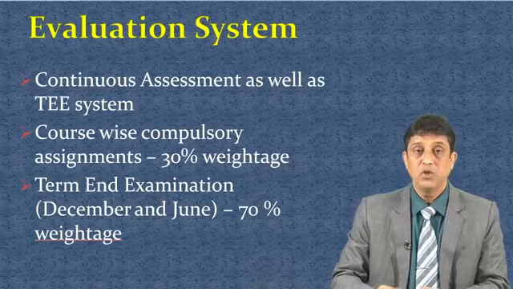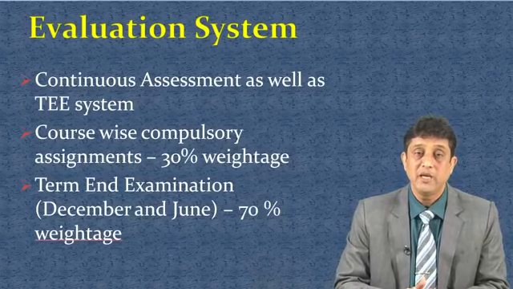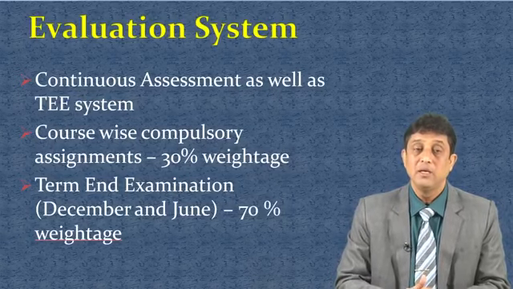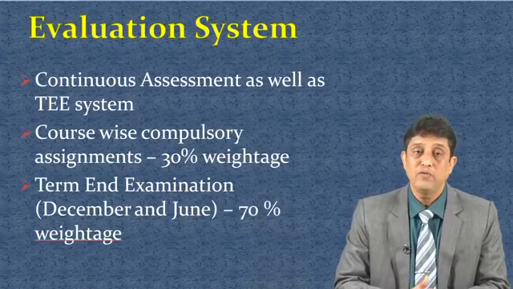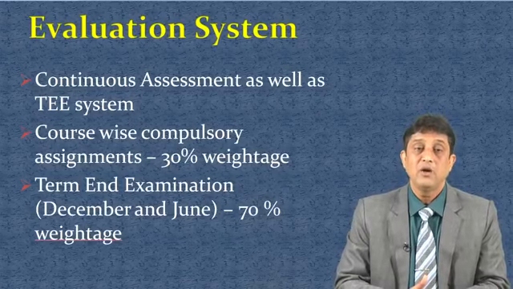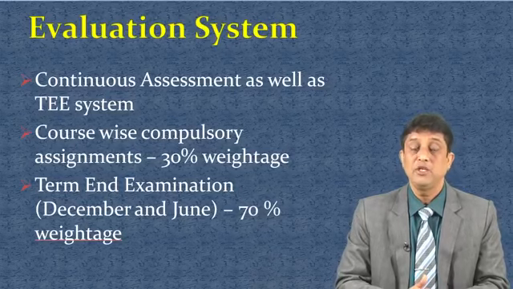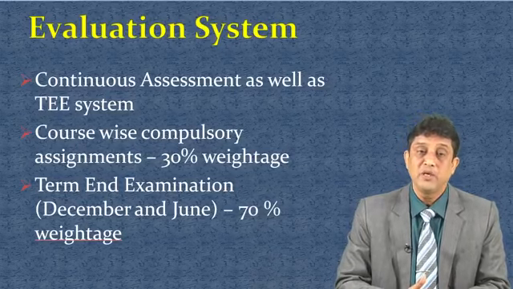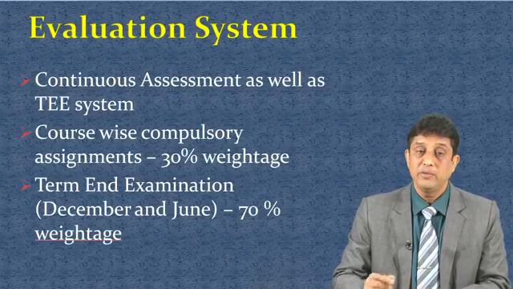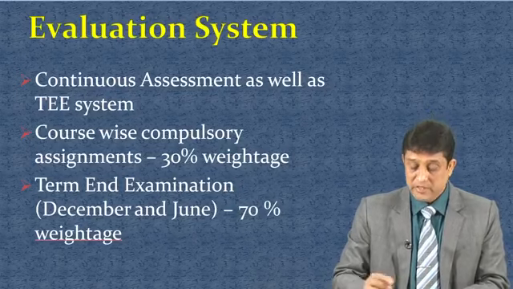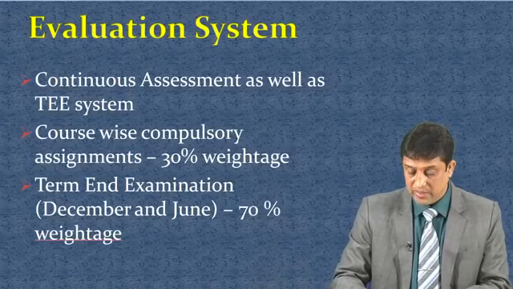Then further, to focus specifically on evaluation of different courses, there are two components that we follow: one is the continuous assessment and the other is the term-end examination. In continuous assessment, we give 30% weightage to assignment and 70% weightage to the term-end examination.